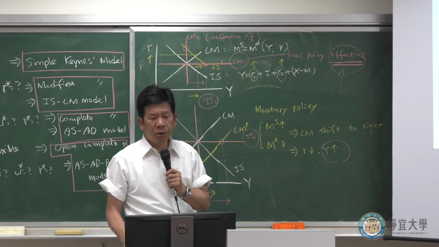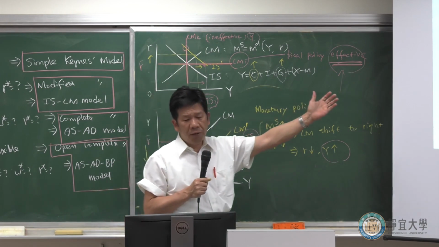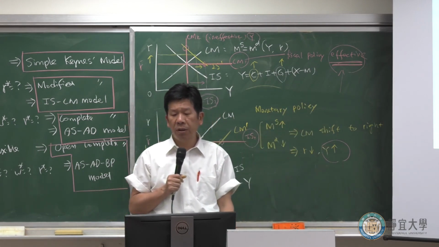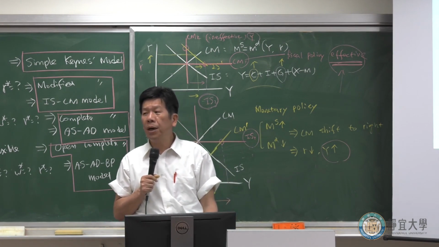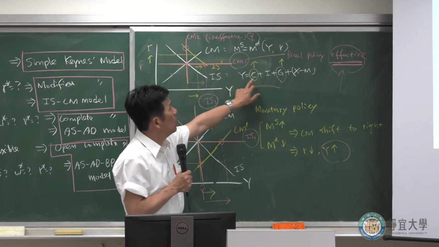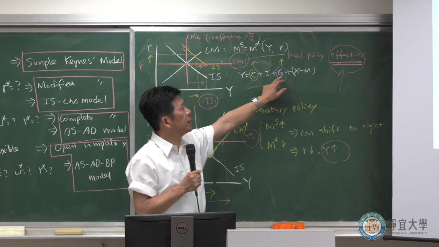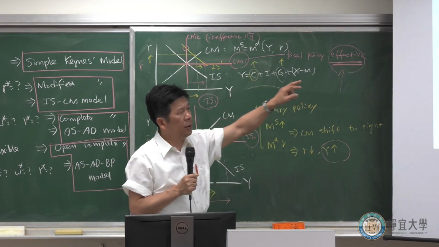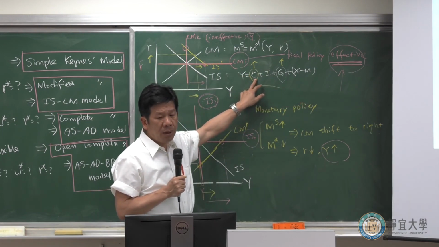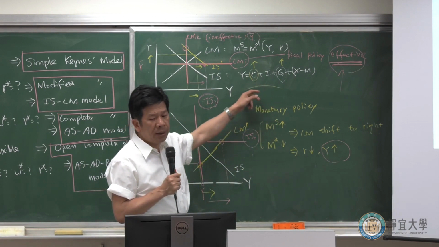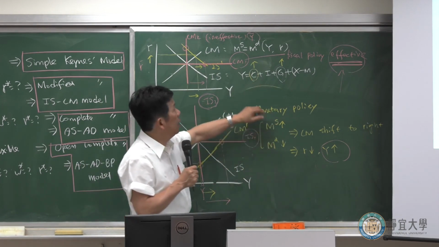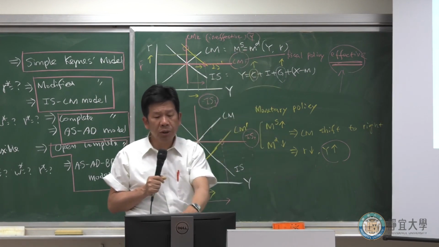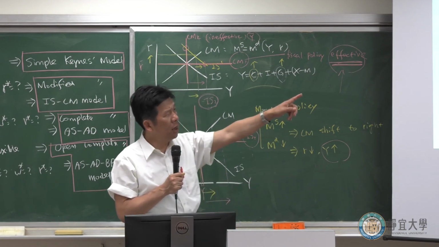Actually, fiscal policy has its initial impact in the goods market. Where is the goods market? The goods market is represented by Y equals C plus I plus G plus X minus M. And monetary policy is like the assets market, where you find its initial impact.